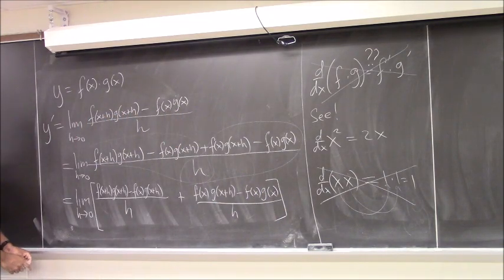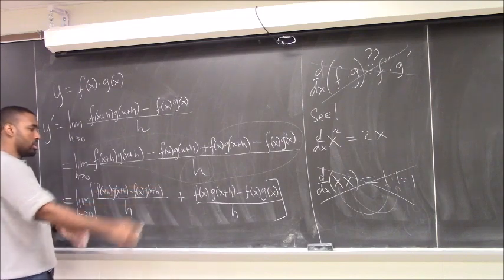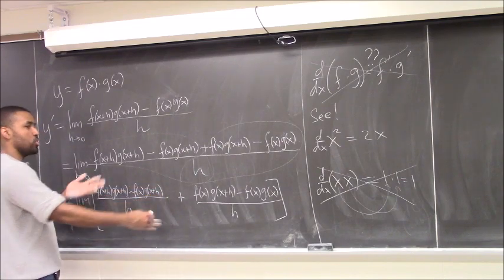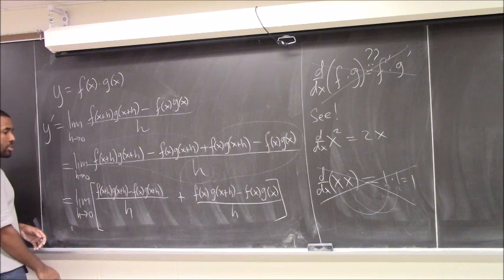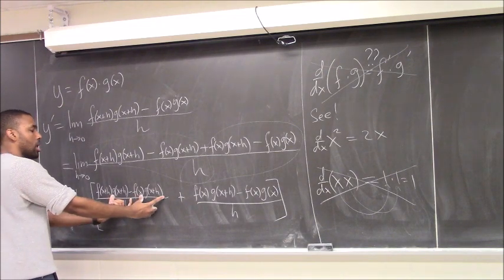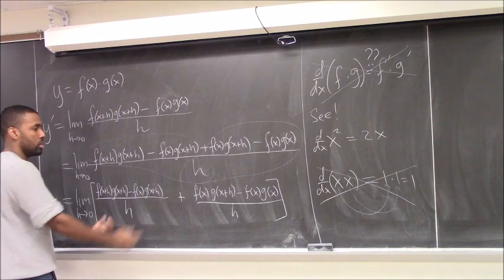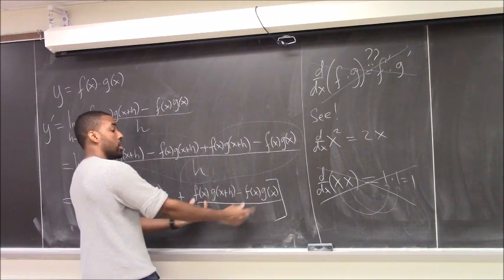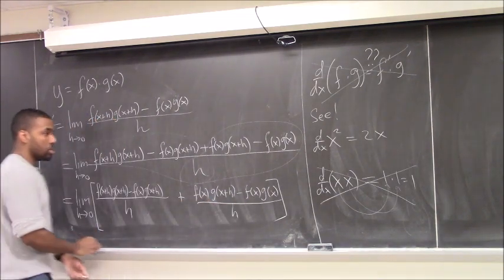Let's put that fraction into two fractions. Now I'm going to want to simplify these fractions. How do you simplify a fraction? You factor. That's how you do it. So I'm going to factor out, there's a common term here of g of x plus h. There's a common term in this one of f of x. Let's factor those two guys out and see what we have.